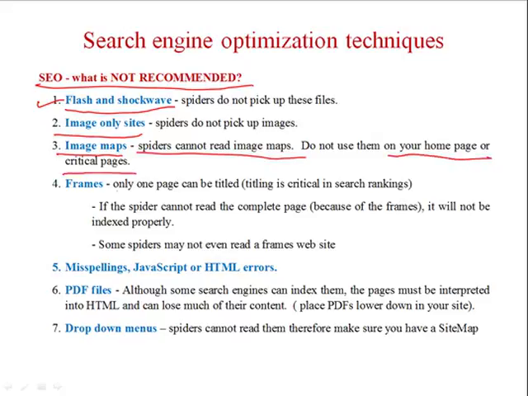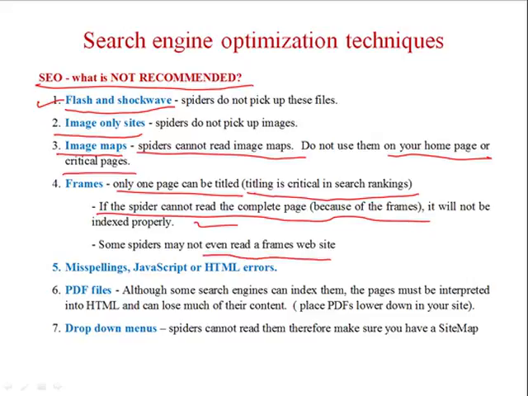Frames. Only one page can be titled. Titling is critical in search engine ranking. If the spider cannot read the complete page because of the frames, it will not be indexed properly. Some spiders may not even read a framed website.